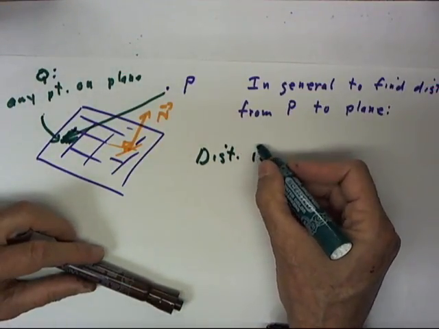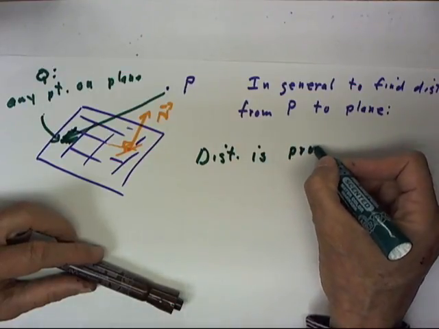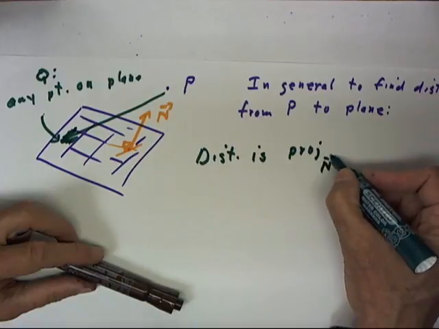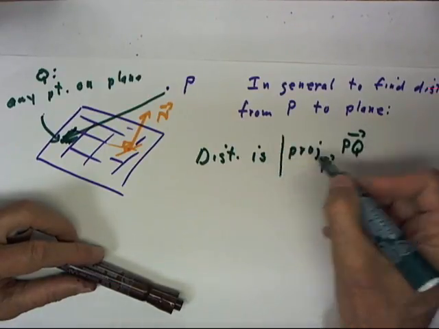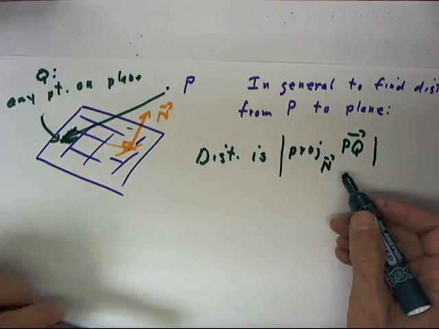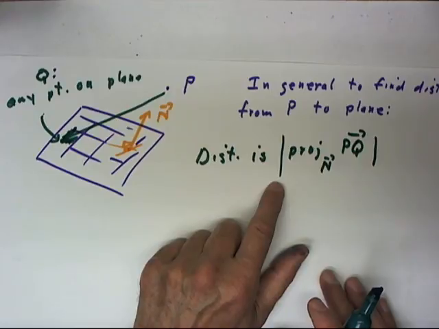It's just the projection onto N of the vector PQ. And we'll take the magnitude of that because, as we've seen, the dot product might come out to be negative.